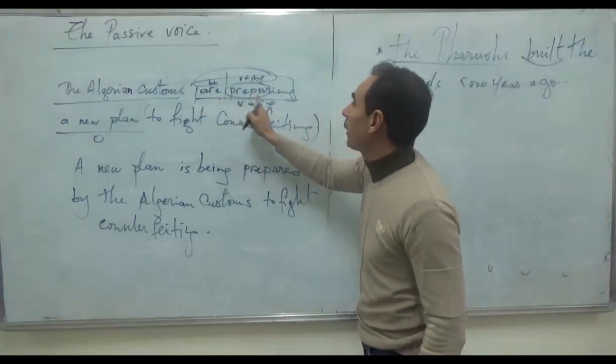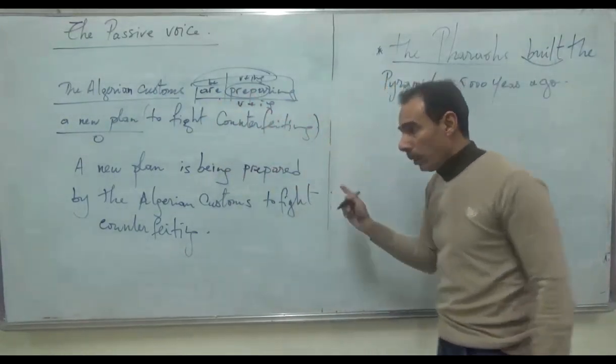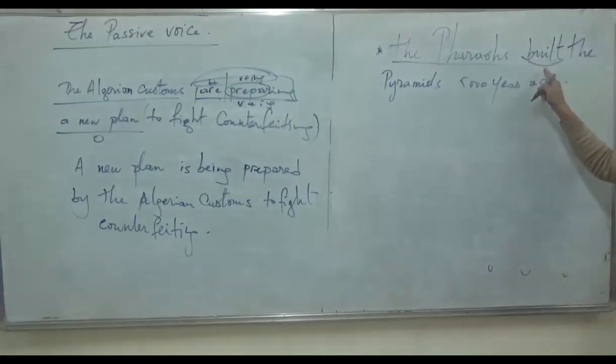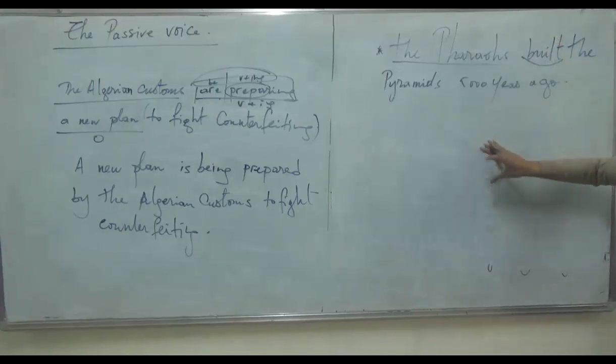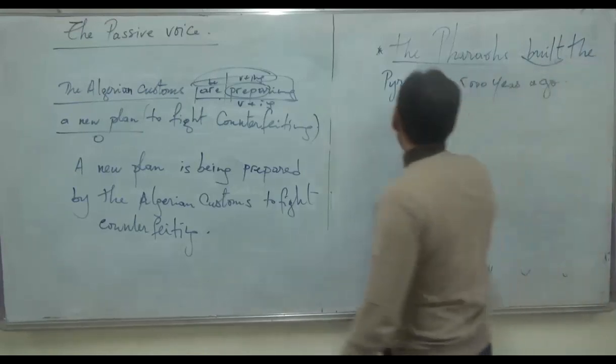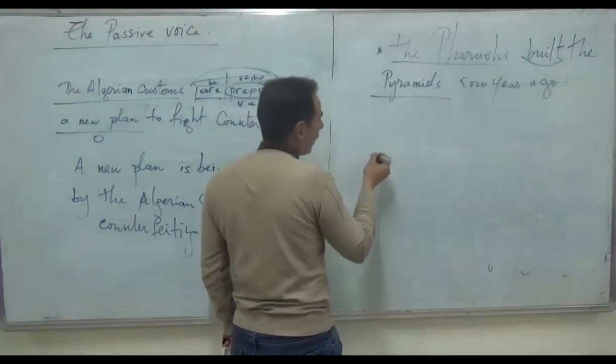Here we have auxiliary plus participle with all the other tenses, except for simple tenses, in which we have only one word, the verb itself. Built is here in the past simple. So I am going to use the same tense, past simple, with to be. My object is the pyramids.